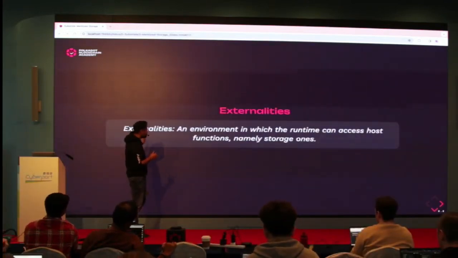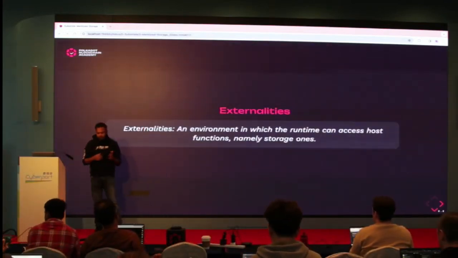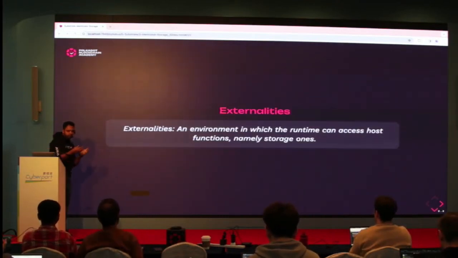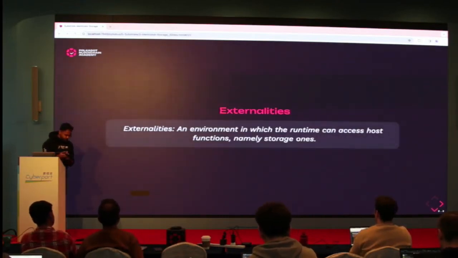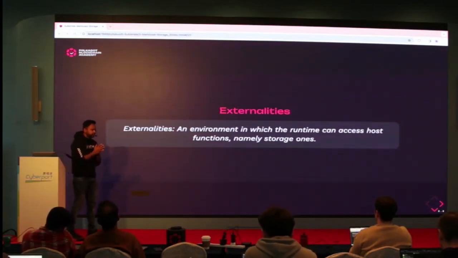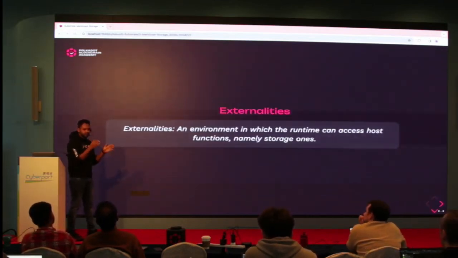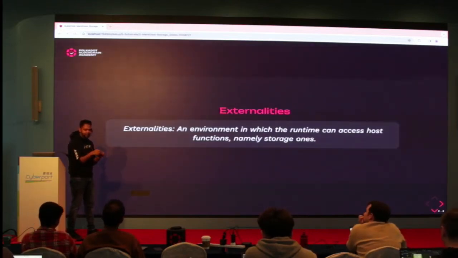Now I'm introducing another term that we use. Externalities is a trait that provides you these host functions which you can use to save state. Think from the runtime point of view: what is a host function if it is not inside a client? There is no host function if it's not embedded inside a client.